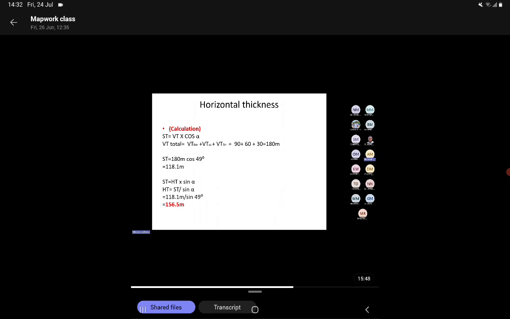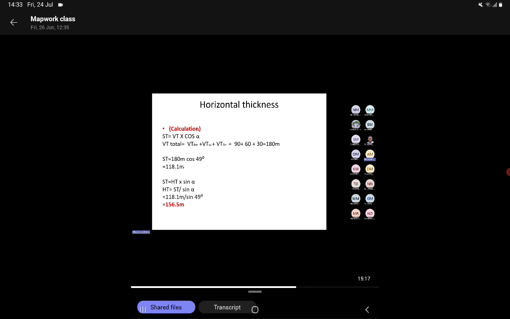Then you plug in your equations for us to calculate the horizontal thickness. We use this equation where ST is equal to HT times sine theta, but you must make HT the subject of the formula. So for you to get here, you must first calculate the stratigraphic thickness combined. We were able to do the vertical thickness combined for all the rock units. We know our dip is a constant value and it's the same whichever rock unit we're using.